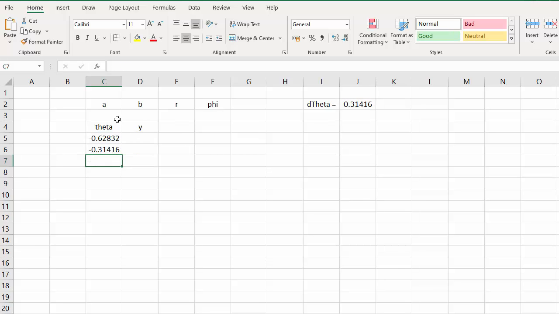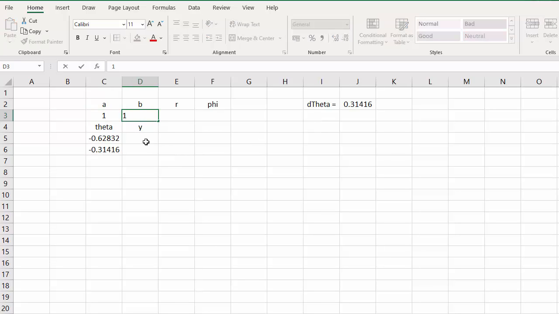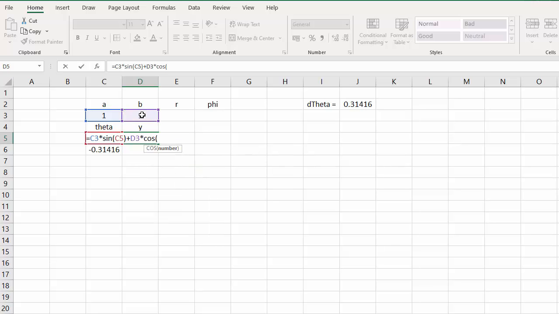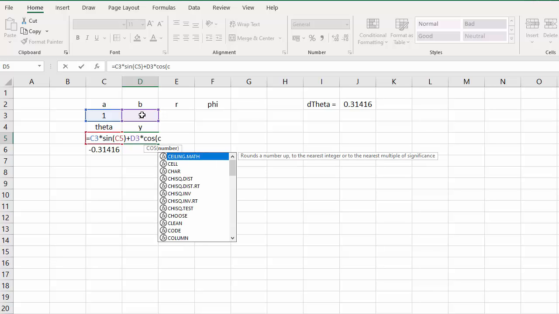And now I need values for a and b, which in this case were both 1. It's 1 in this instance, but we will change it later. So it's going to be c3 times sine of theta plus b times cos of theta, which is c5.